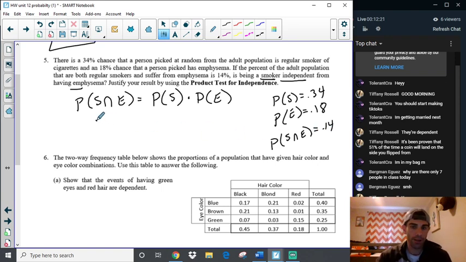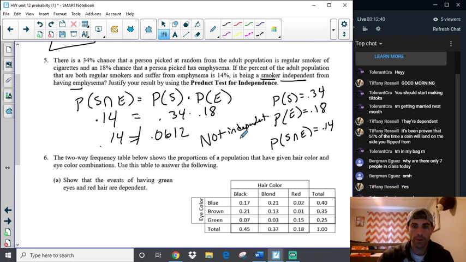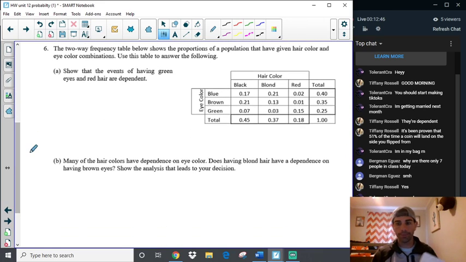So then I would take the 14% chance and compare it to 0.34 times 0.18, and no, it is not 0.0612. So they are not independent. Sorry to hear that, Jose.